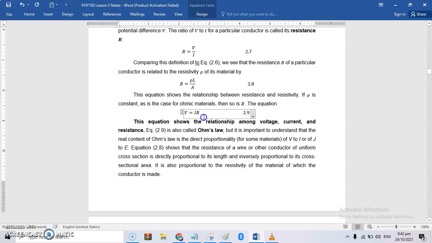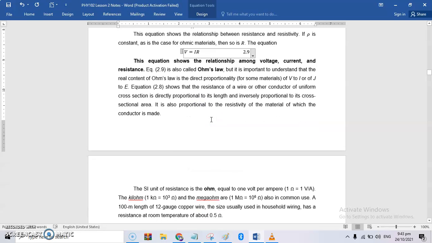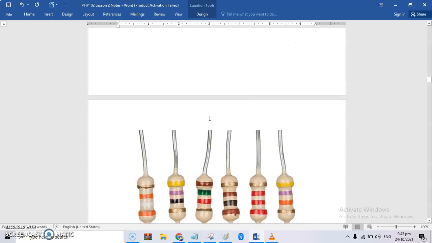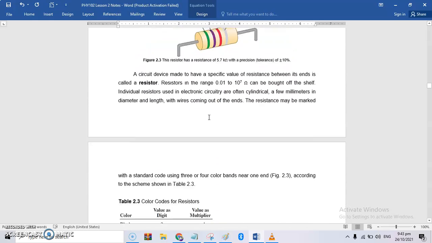So, na-realize nyo kung ano yung use ni resistance or ni resistor. Kung wala si resistor, walang electricity na involved or walang current na involved. Okay? How will I visualize it pa ba?